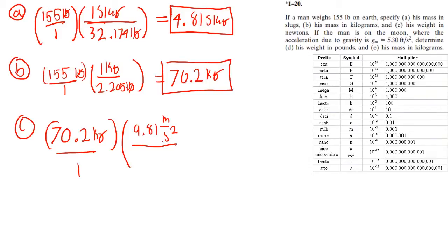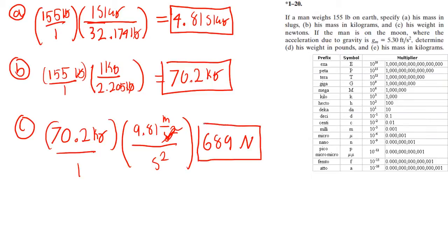Then you just multiply out 70.2 multiplied by 9.81. That's going to give you 689 newtons, because a newton is a kilogram multiplied by a meter per second squared. And as you can see, it is most certainly a meter per second squared. So then you get your newton, 689 of them.